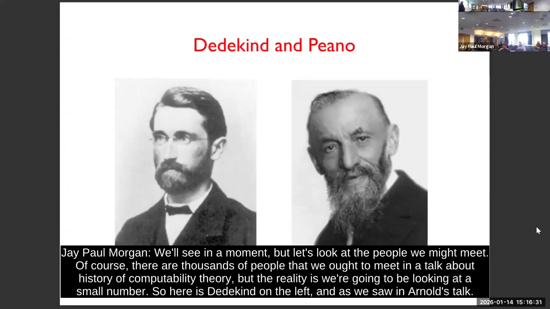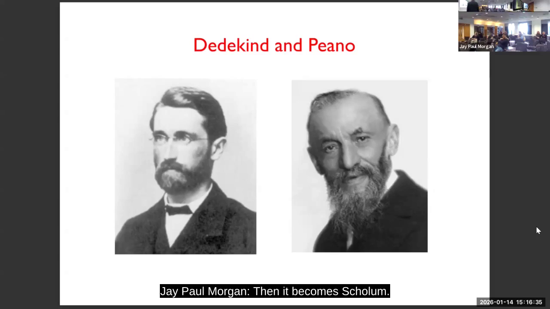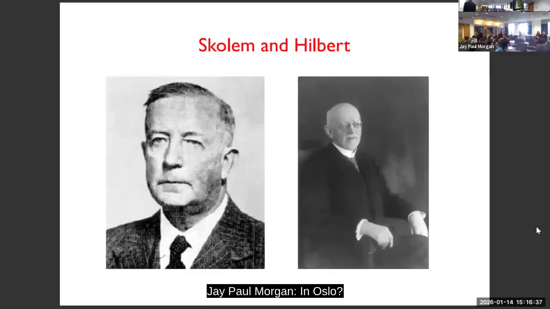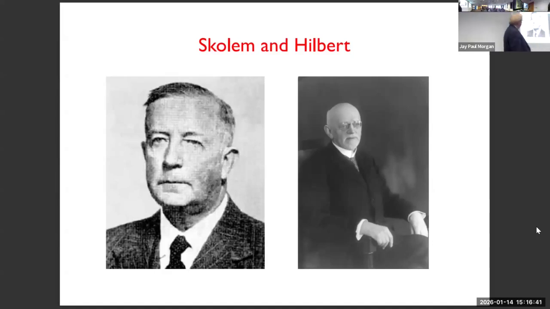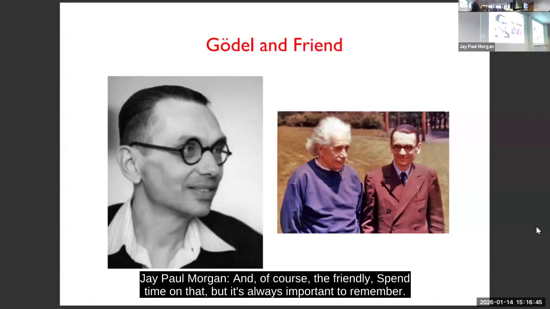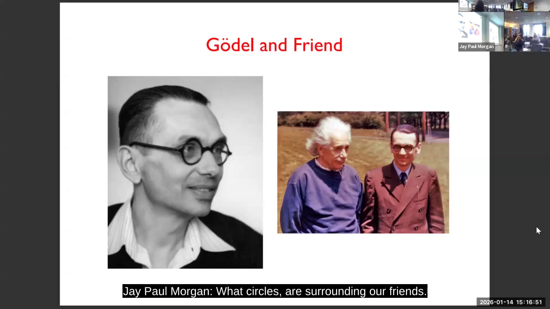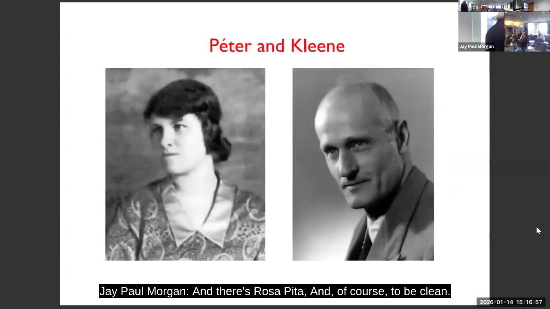So here is Dedekind on the left, and as we saw in Arnold's talk, Peano on the right. Then comes Skolem in Oslo and Hilbert. Then, of course, we have Gödel. And, of course, his friend. We spend time on that, but it's always important to remember what circles are surrounding our friends.